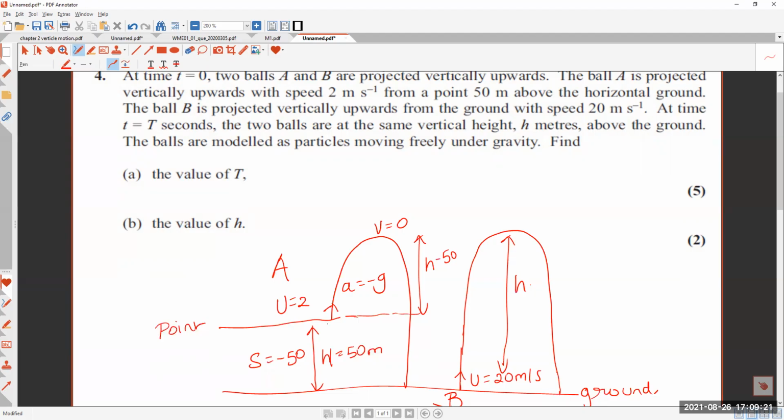Now, at time t equal to capital T seconds, the two balls are at the same vertical height h above the ground. Now let's make an equation.